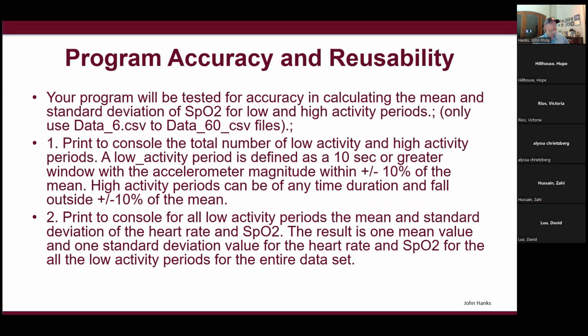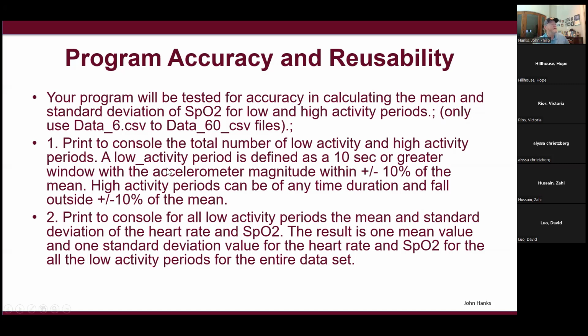The second of the 4 components is program accuracy and usability. You will load in files data 6 through data 60, and calculate the mean and standard deviation of the SpO2 periods for the low and high activity periods. I'd like you to print to the console the total number of low activity and high activity periods, so that's just two print statements, or one print statement with both.